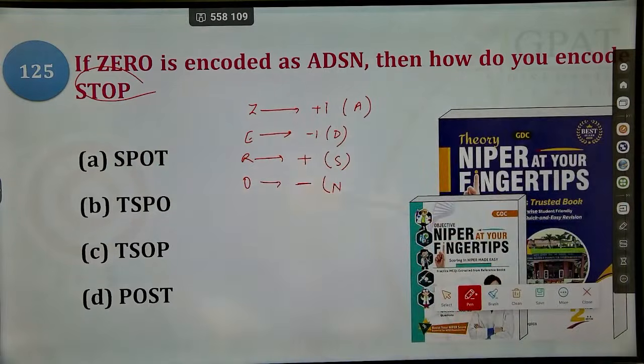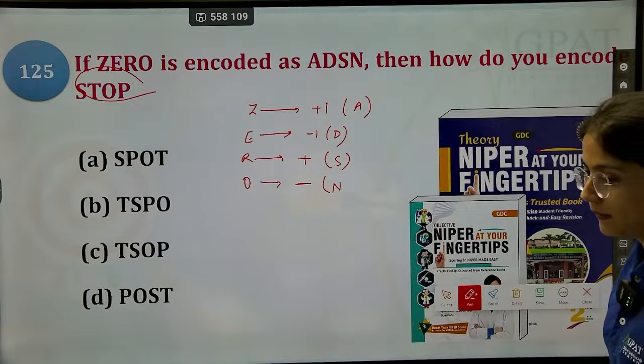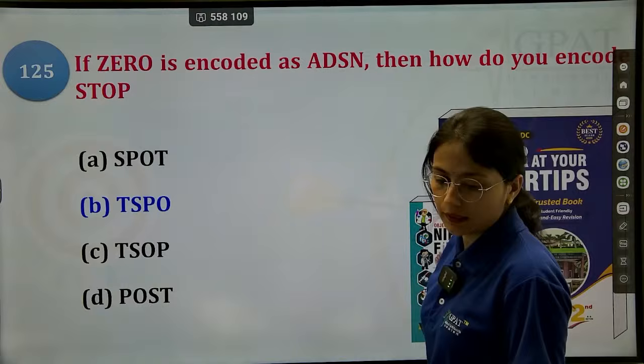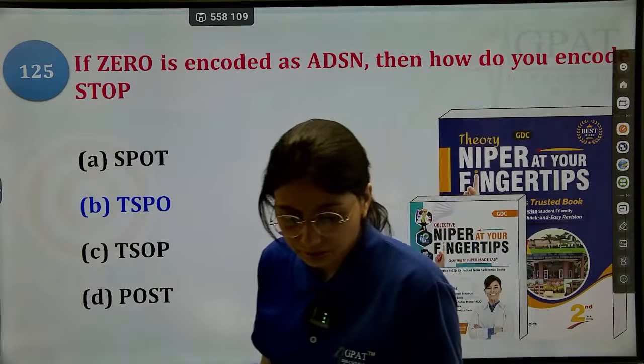So the answer is TSPO. That is TSPO is the answer.